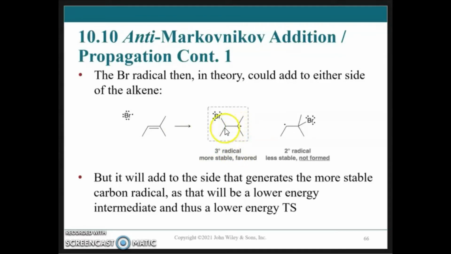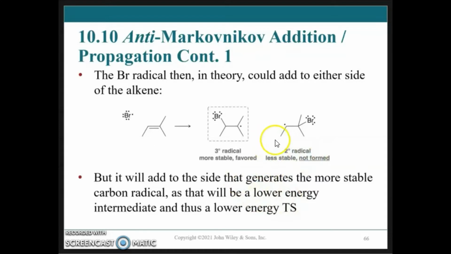So addition on the less substituted carbon, the anti-Markovnikov addition product, results in the more stable tertiary free radical. As you can see, addition on the other end of the bond leads to the less stable secondary radical.